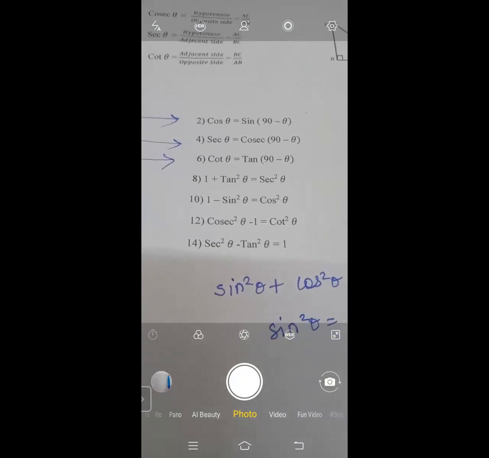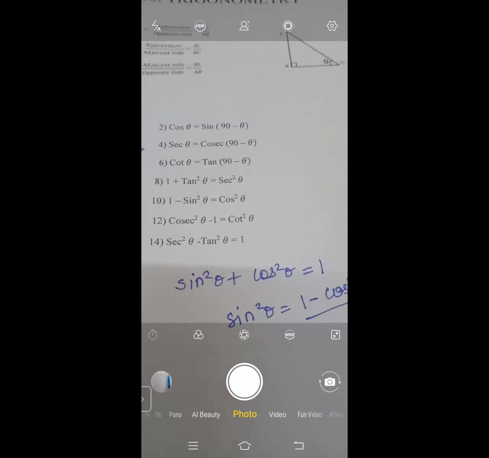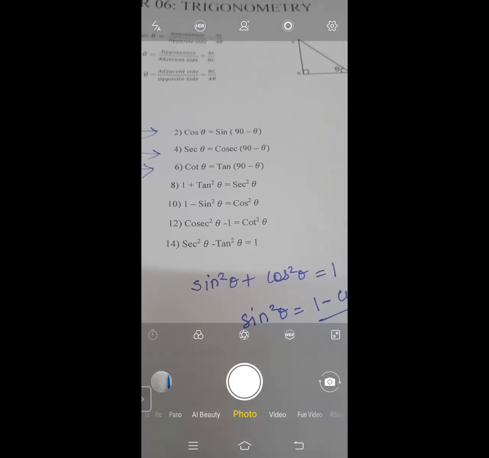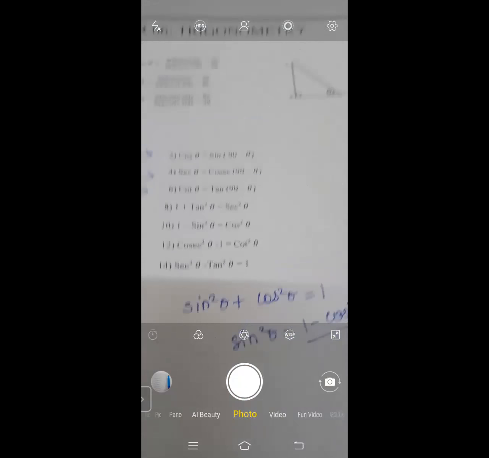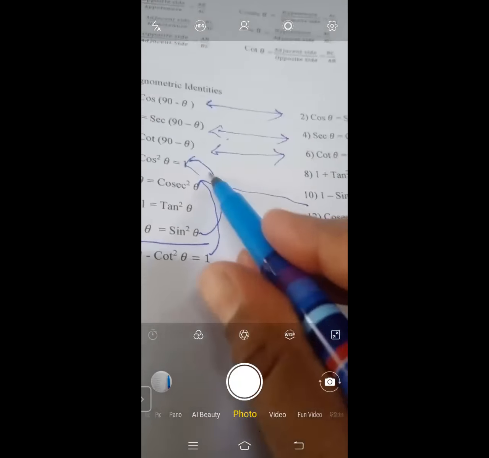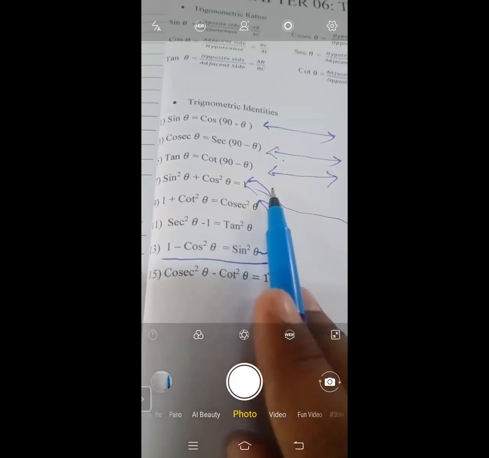So 1 plus tan square theta is equal to sec square theta. 1 minus sin square theta is equal to cos square theta. You can derive this identity with the help of this itself. 1 minus sin square theta: now this sin square theta is transferred over here.